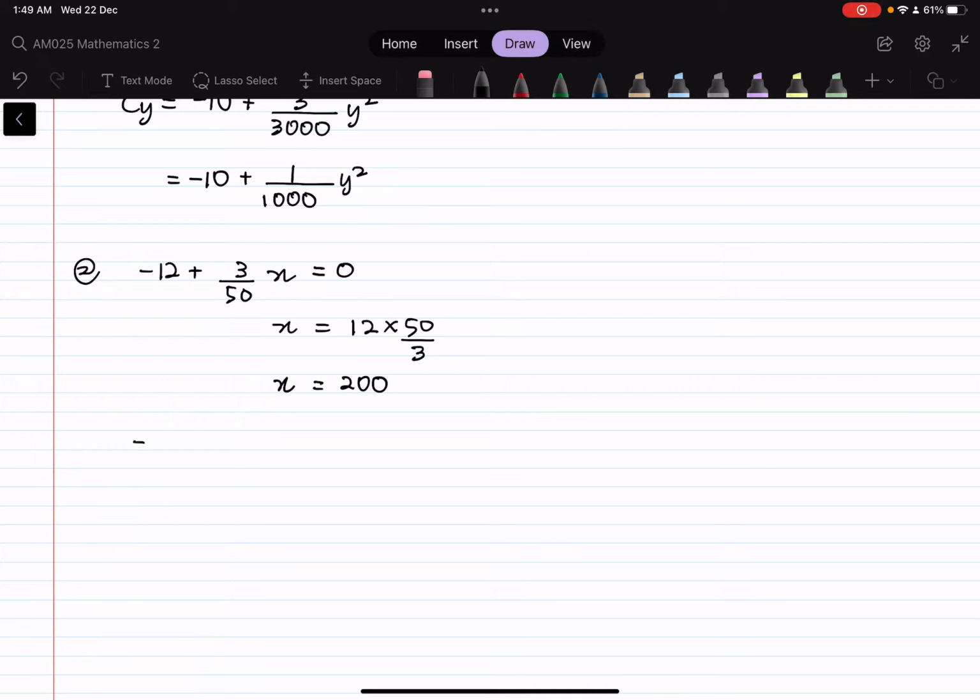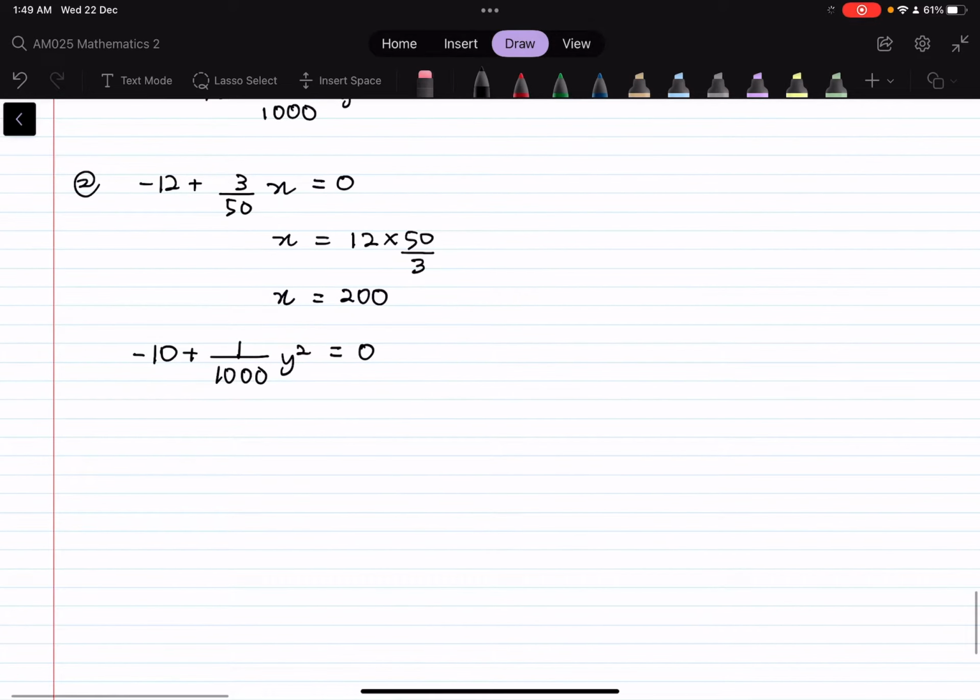For c sub y, negative 10 plus 1 over 1000 y squared, we set it equal to 0. So y squared equals 10 times 1000, which is 10,000.